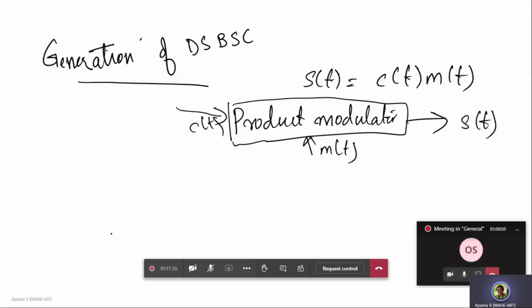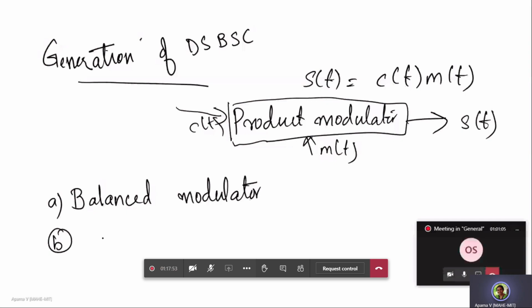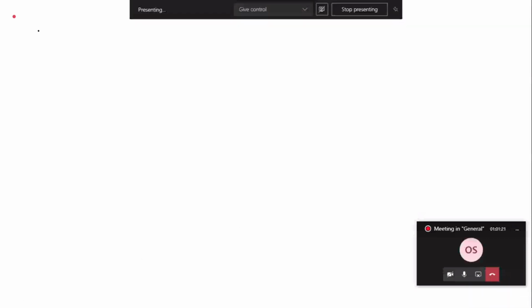The product modulator is of two ways. One is a balanced modulator, and the other is a ring modulator. These two are the designs which will be giving you the output as DSB-SC. So first, balanced modulator.